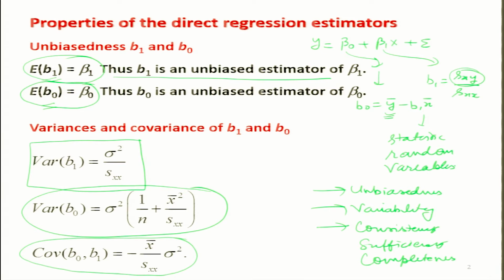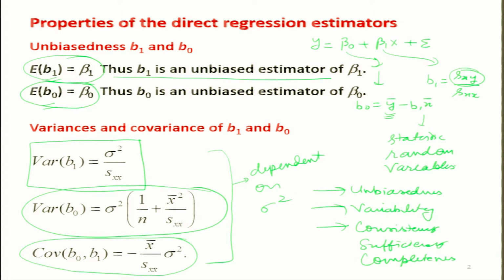Now you can observe one thing: if you want to know the amount of variation or covariation of these estimators in your data set, you have to compute these three values, but they depend on sigma square, which is the population value, and you do not know it.